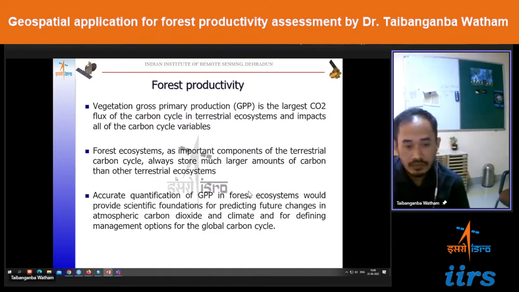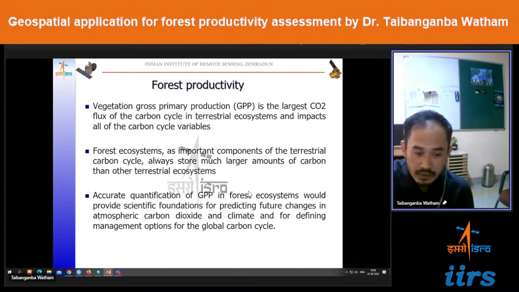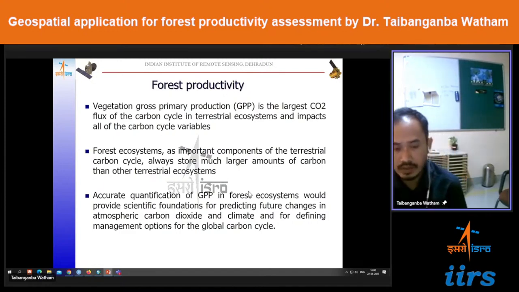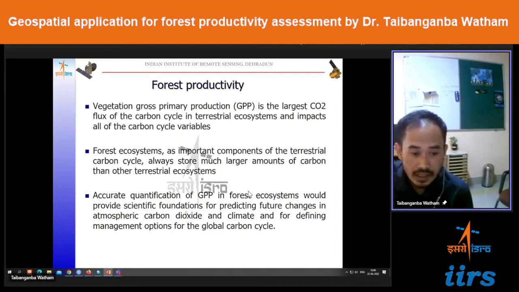So if we have to understand the global or regional carbon cycle, or how climate change or the increase in CO2 concentration is going to affect it, or how to mitigate climate change, then we have to accurately quantify the amount of GPP, the gross primary productivity, by the forest ecosystem.